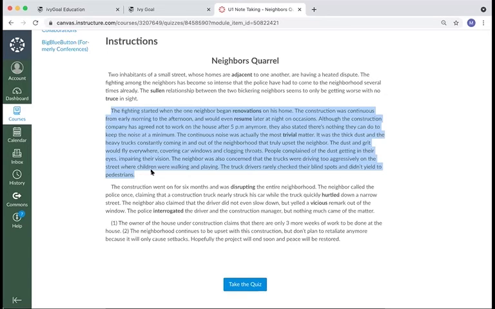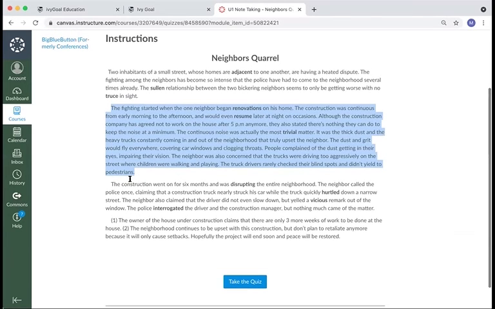People complained of the dust getting in their eyes, impairing their vision. The neighbor was also concerned that the trucks were driving too aggressively on the street where children were walking and playing. The truck drivers rarely checked their blind spots and didn't yield to pedestrians. Yeah, very good.